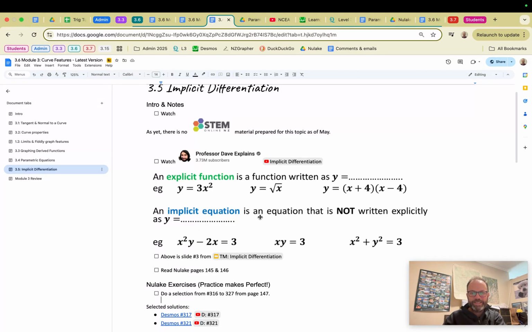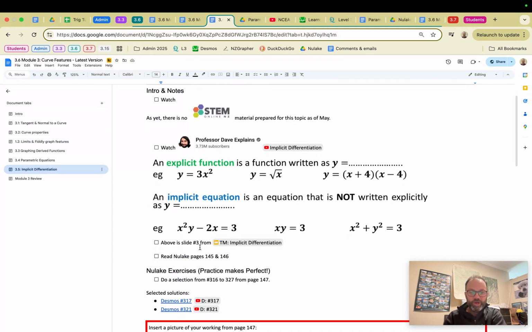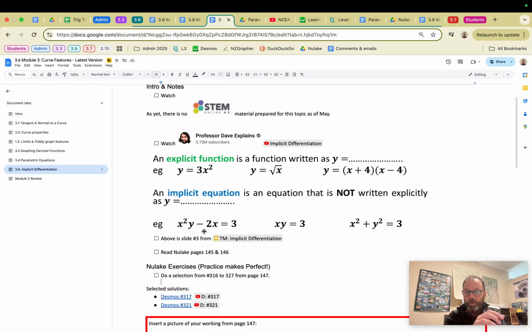But an implicit equation is not explicit, not y equals. So for example, your challenge is, do you go to the trouble of trying to rearrange it to make y equals? Sometimes that's impossible. Okay, so if you can't do it, then you're stuck with having to implicitly differentiate.